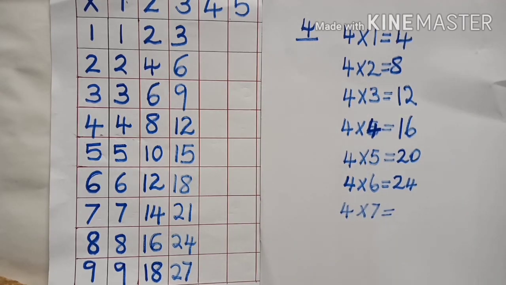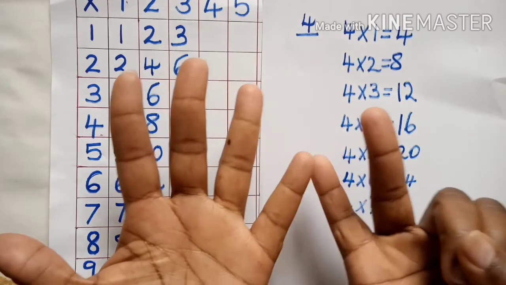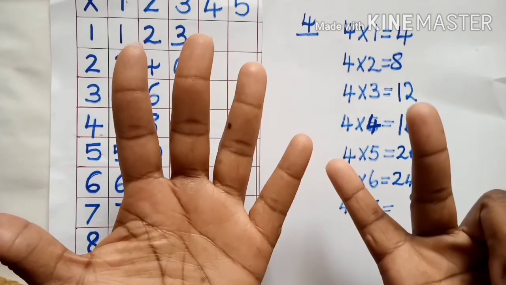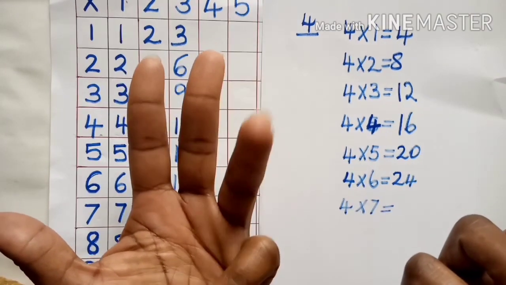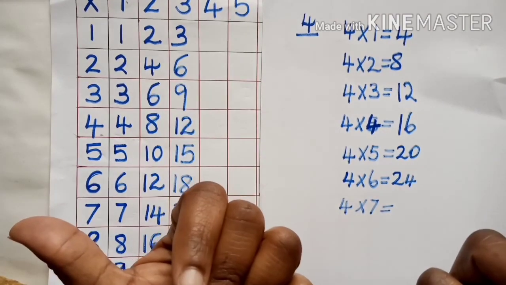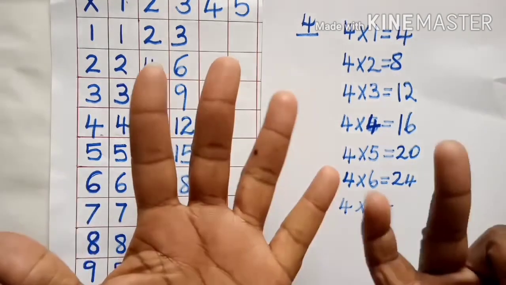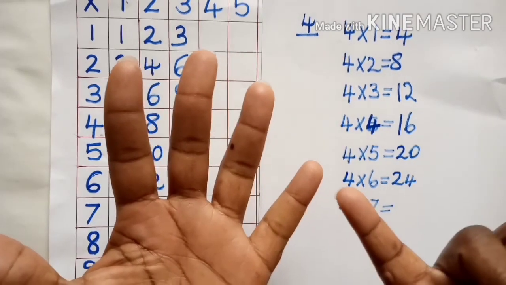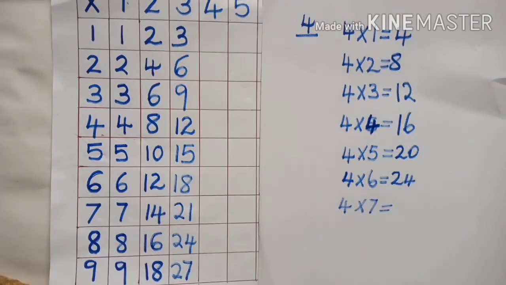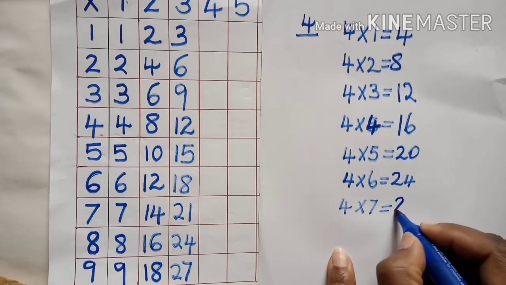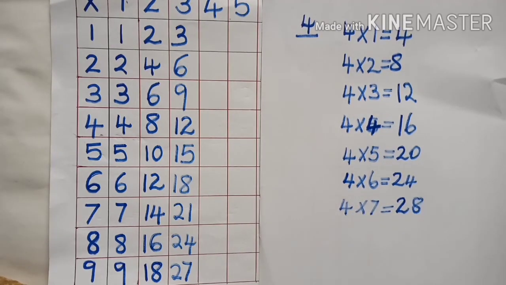Good. Now what is 4 times 7? Yes, we will say 3 times 7 first. So 7 fingers out and then count the multiples of 3: 3, 6, 9, 12, 15, 18, 21, plus 7, 21, 22, 23, 24, 25, 26, 27, 28. 4 times 7 is 28. Good.